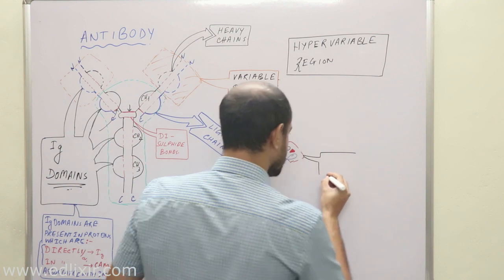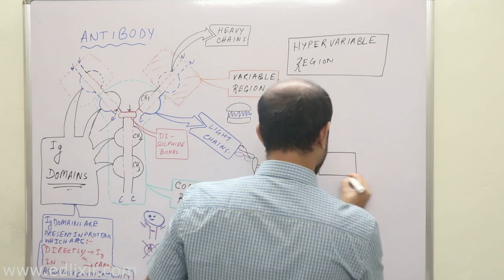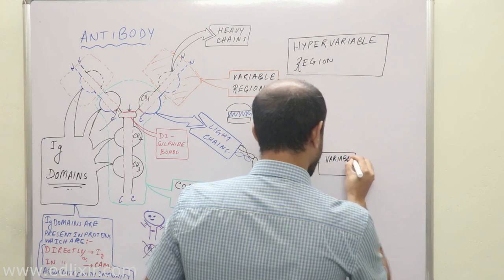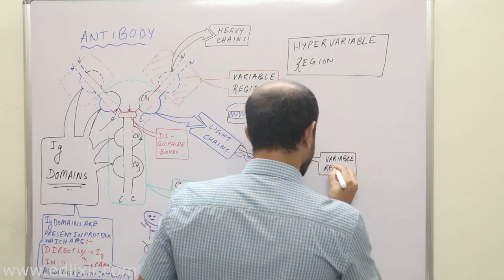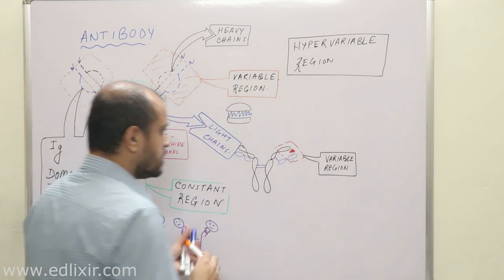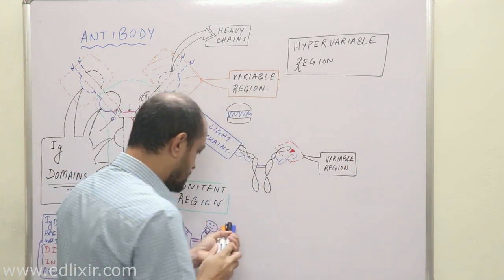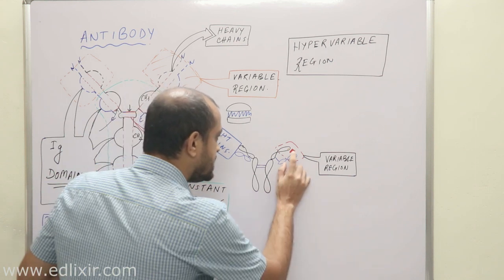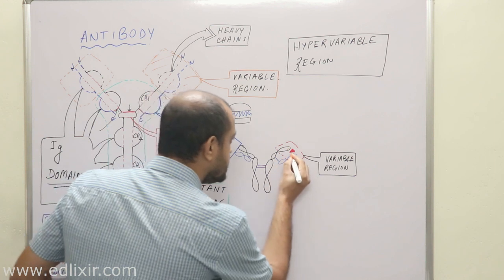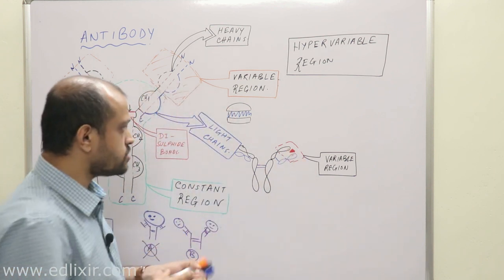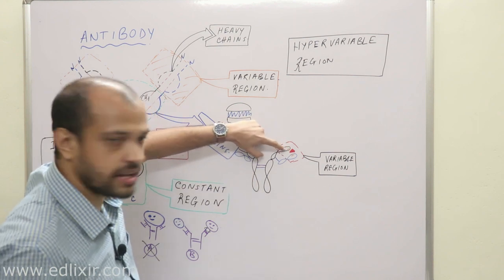Now if we see, we can easily look into this: the antigen is interacting with only this area of our antibody, right? The antigen is only interacting with this area of our antibody.